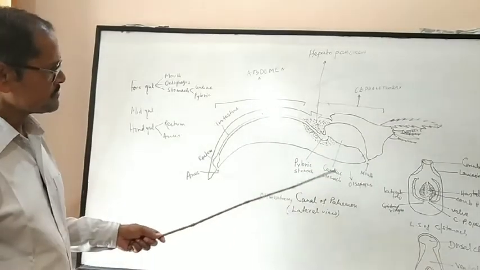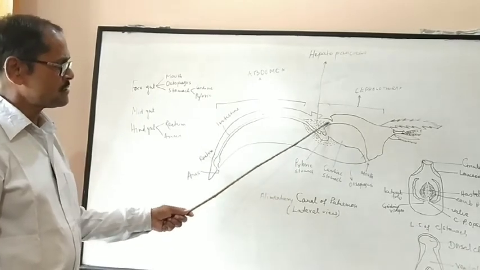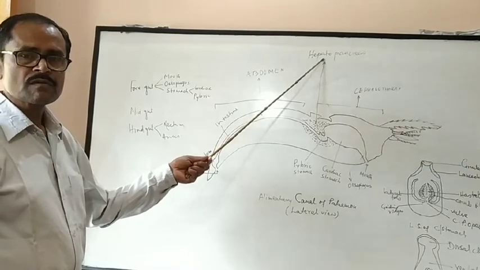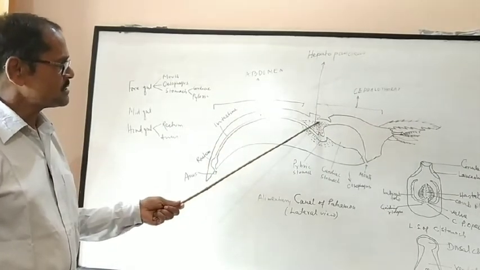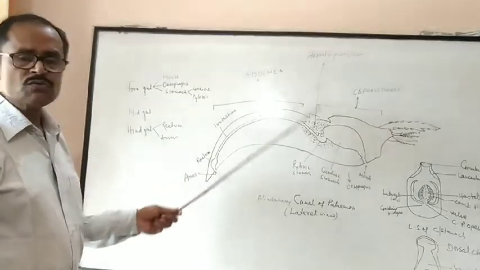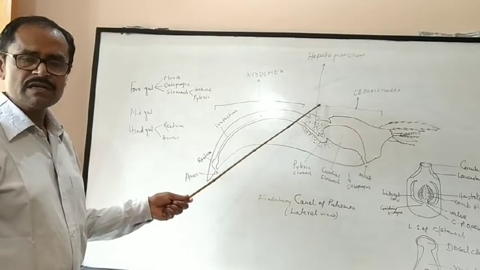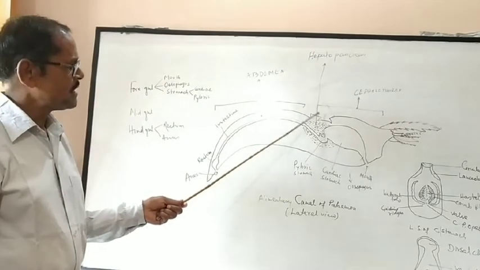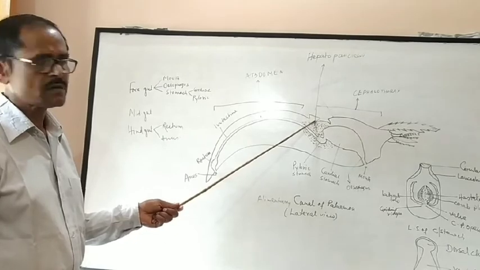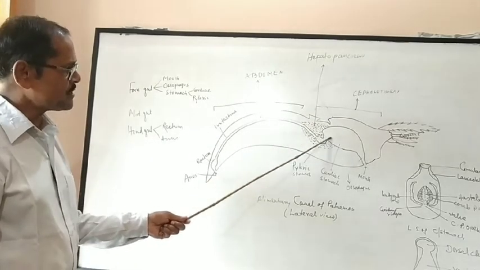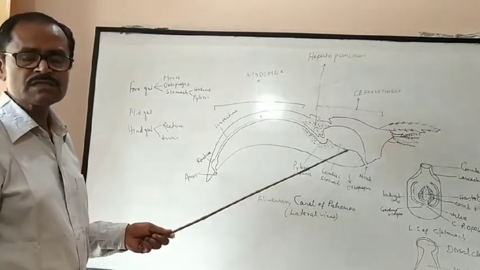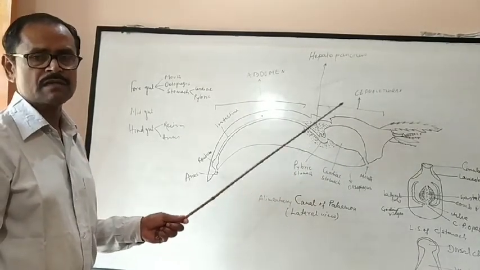There is a very important part, that is hepatopancreas, which is an orange-yellow colored mass compared to the pancreas, liver and intestine of the higher organisms. This hepatopancreas secretes enzymes which digest carbohydrate, protein, fat.